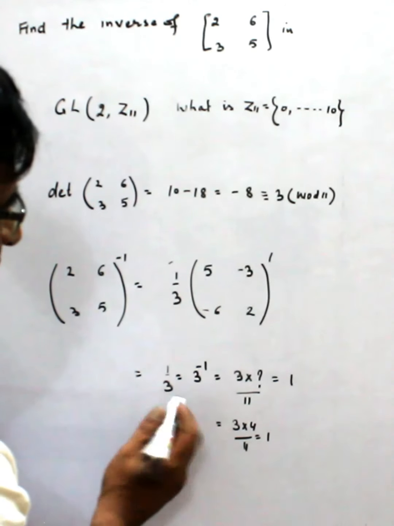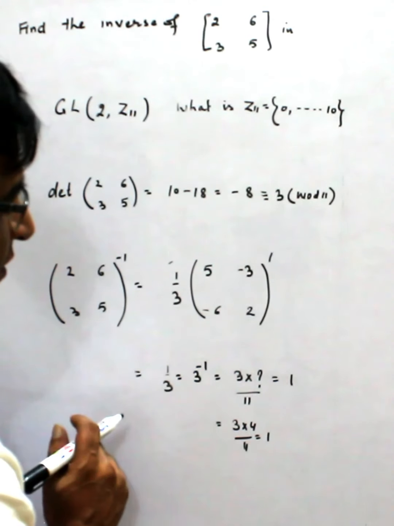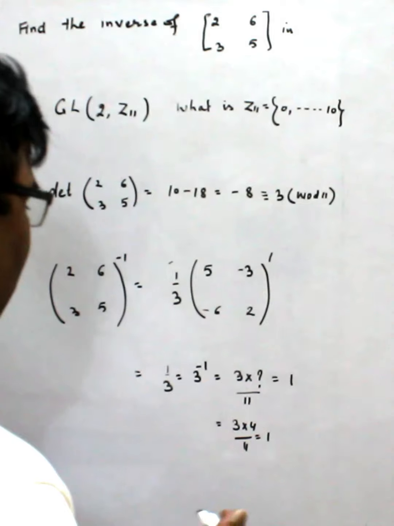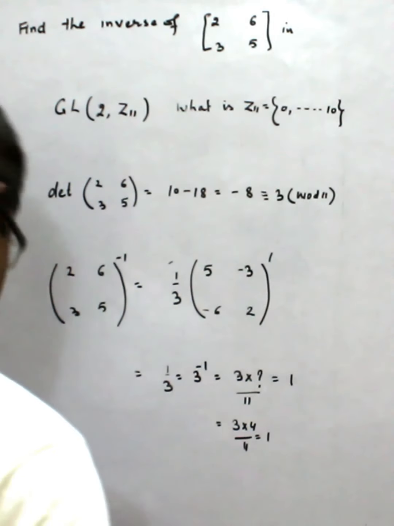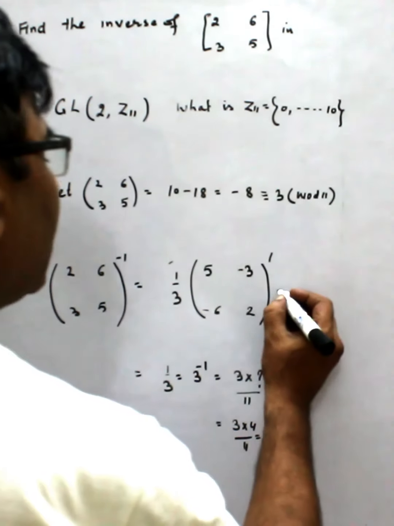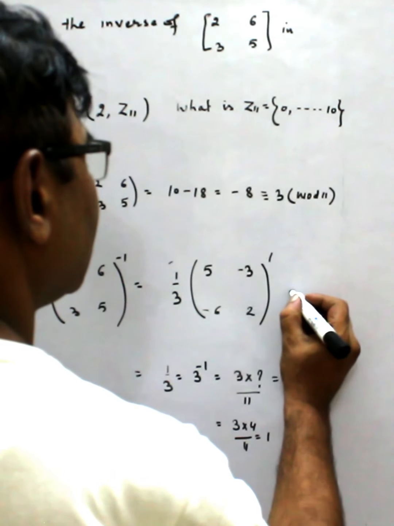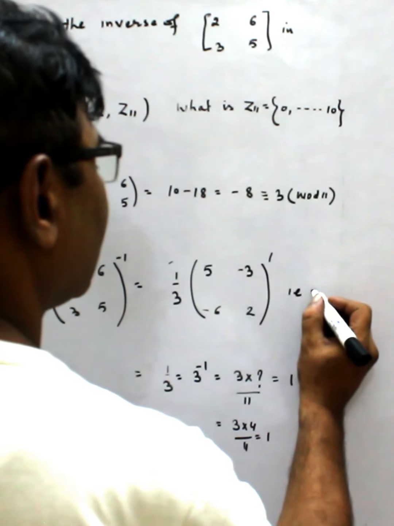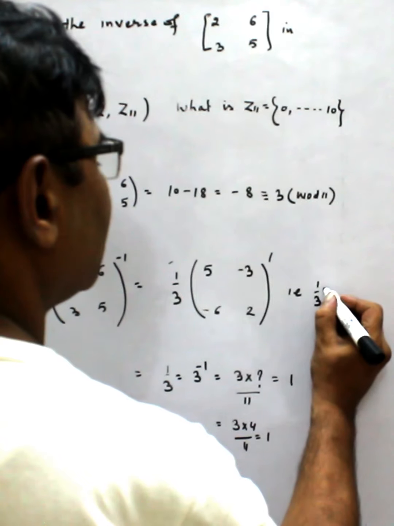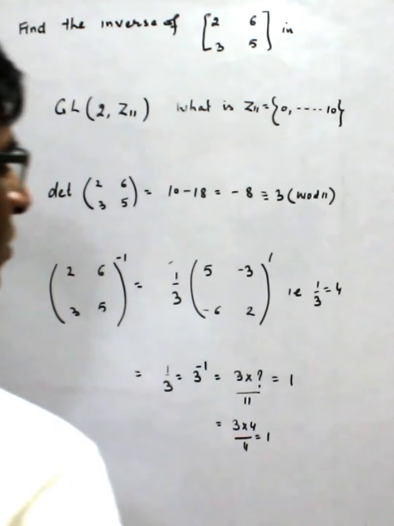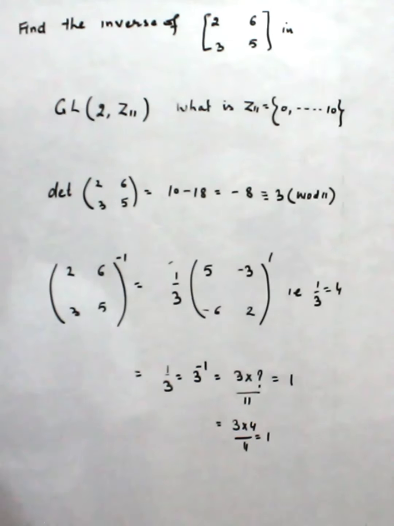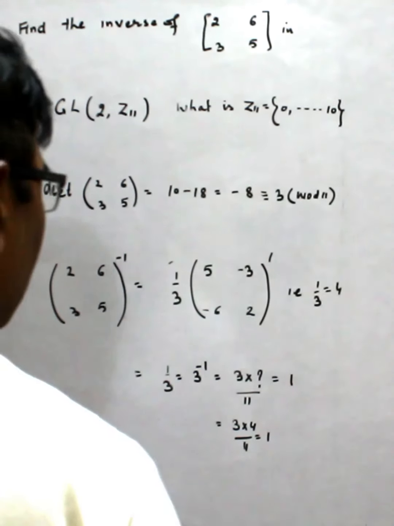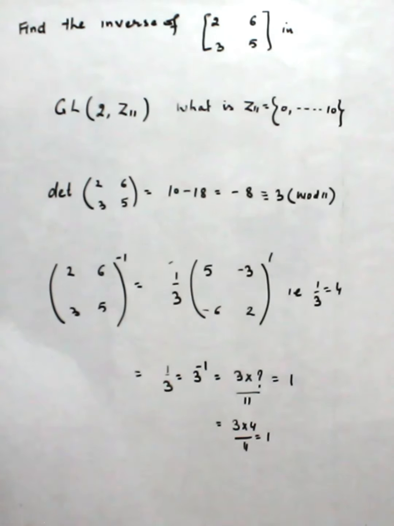That means 4 times 3 is congruent to 1 mod 11, so 1 by 3 is equal to 4.